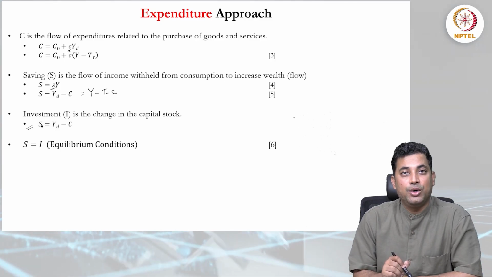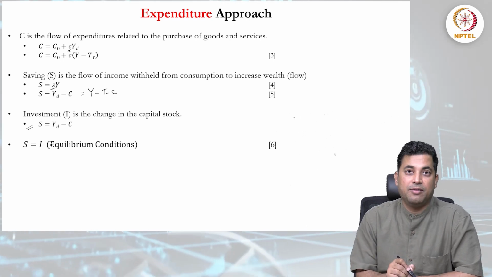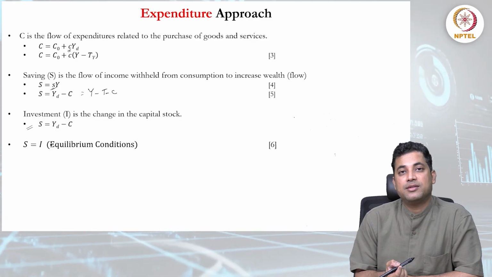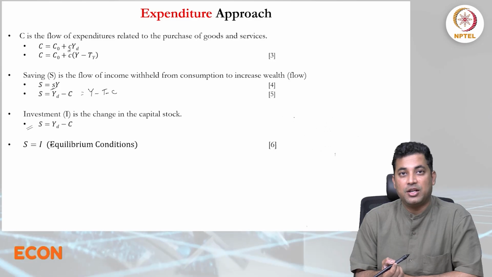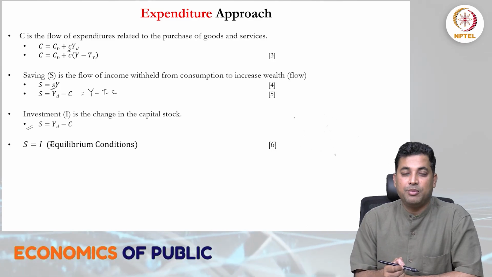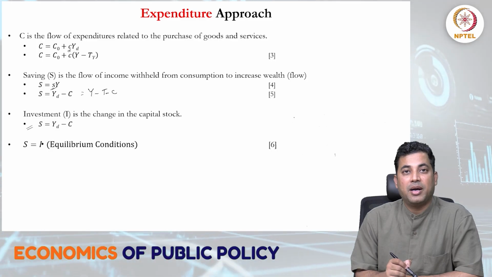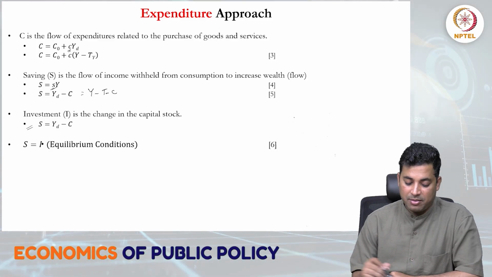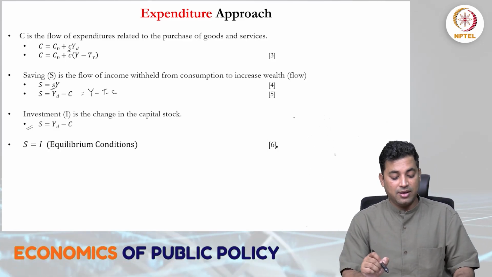And as we all know, the equilibrium condition is that savings should equal investment, meaning whatever savings households put in the financial institutions needs to be invested. This investment expenditure is done by the firm. So equation 6 is the equilibrium condition.